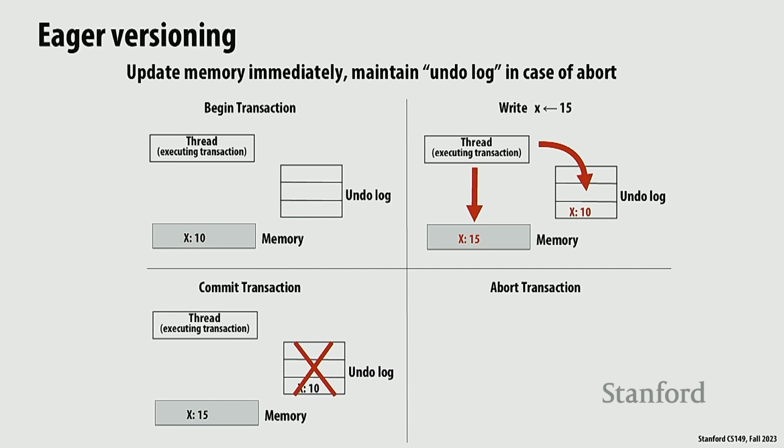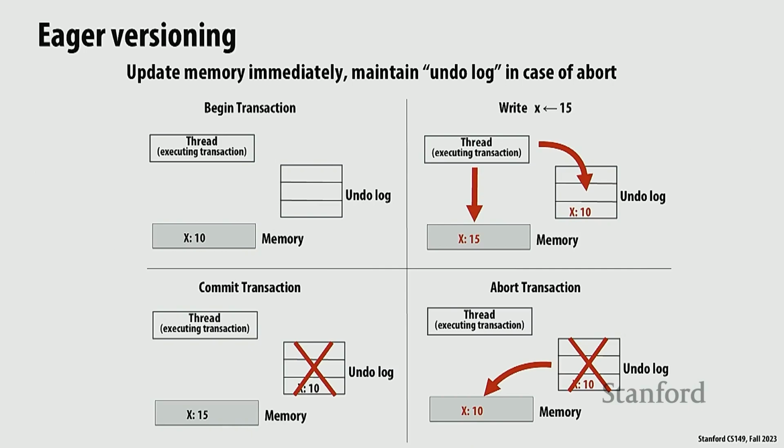All right, what happens when we abort the transaction? Now we need to restore memory to the state before the transaction executed, right? And so now we need to apply the undo log to that, and we get memory back to its original state. Okay? Yeah. Is this sort of more complex abstraction? Because we have to put the log somewhere.